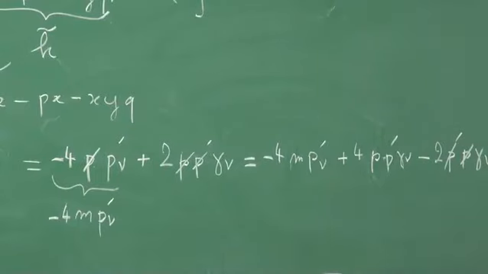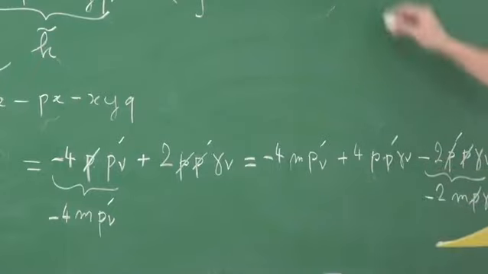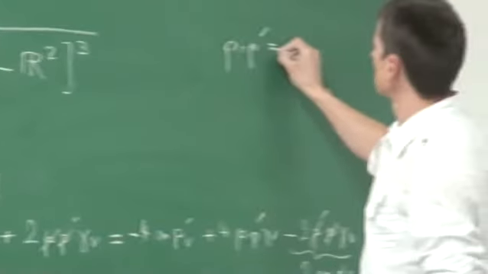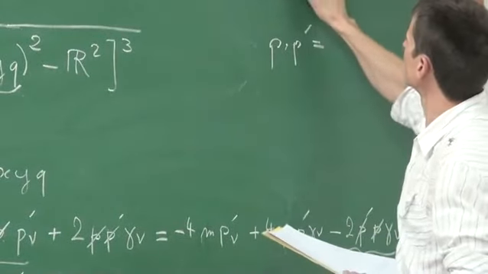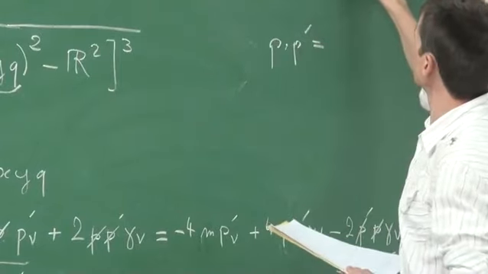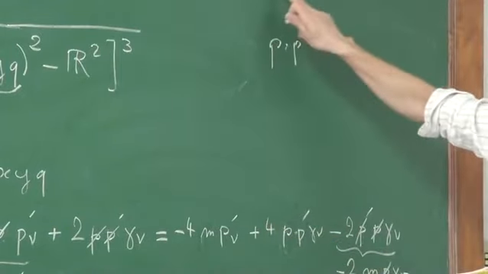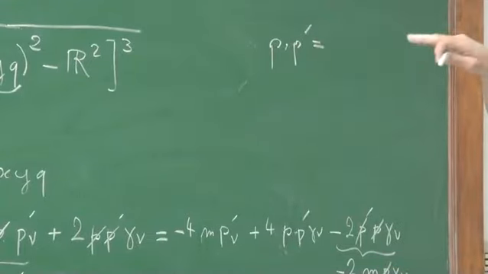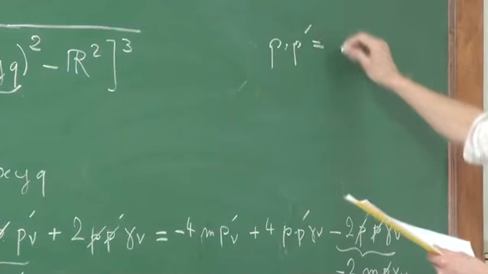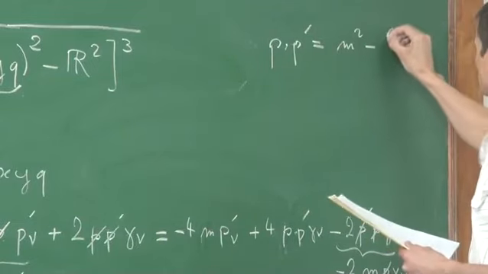If I did not make a mistake, so this is minus m slash m, and this p dot p prime is related to p prime minus p squared, which is q squared, and since p squared is equal to m squared and p prime squared equal to m squared, because they are on the mass shell, you can simplify this by using this relation. You get simply m squared minus q squared over 2.